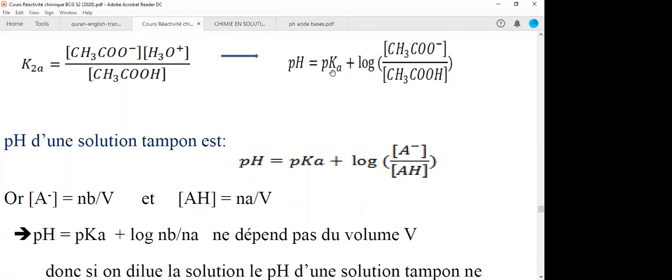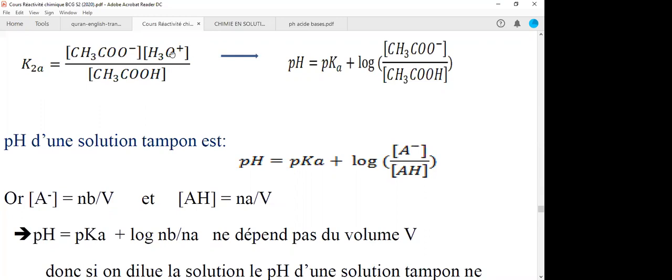So for the pH, what we are going to do here is cross multiply. Ka times the concentration of the acid is equal to the concentration of the base conjugate times the concentration of H3O plus.